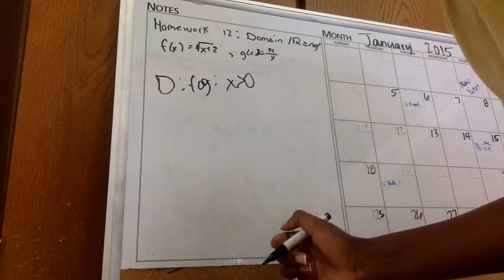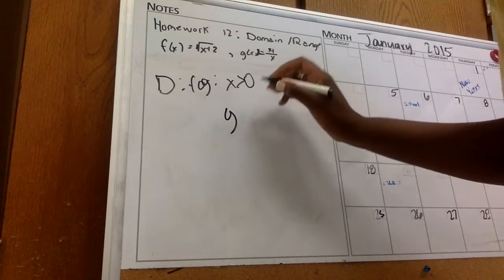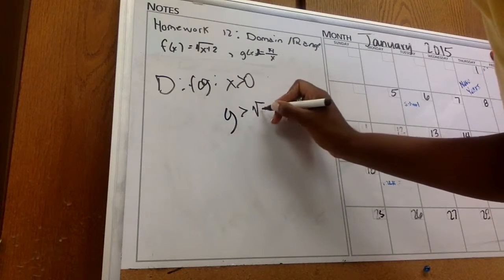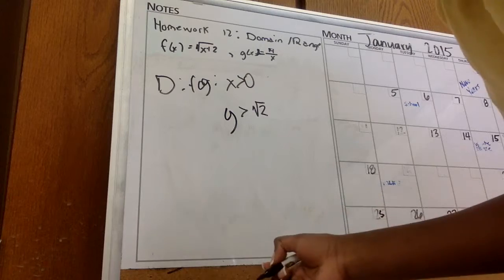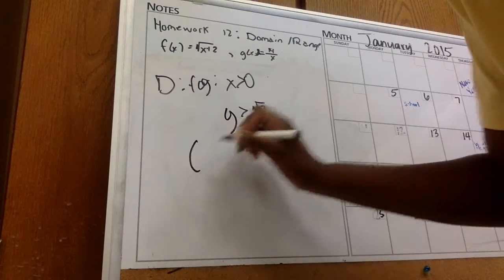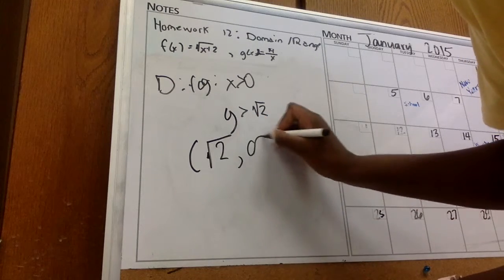So this results in the range for this part to simply be y is greater than square root of 2. And that's it. If you want to write this in interval notation, this would be open parentheses square root of 2 to infinity.